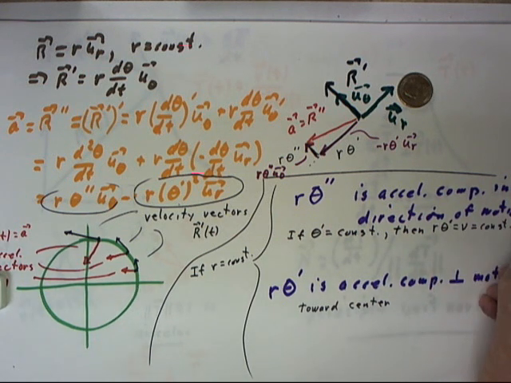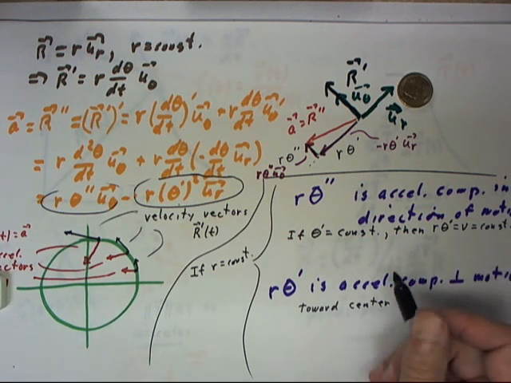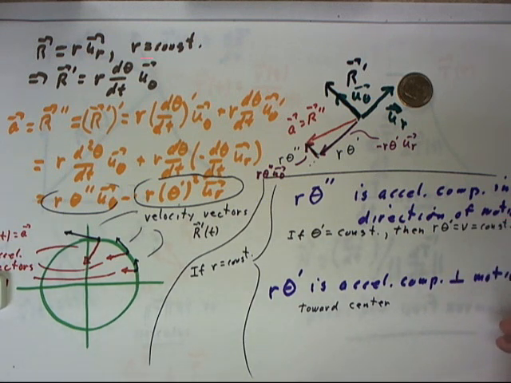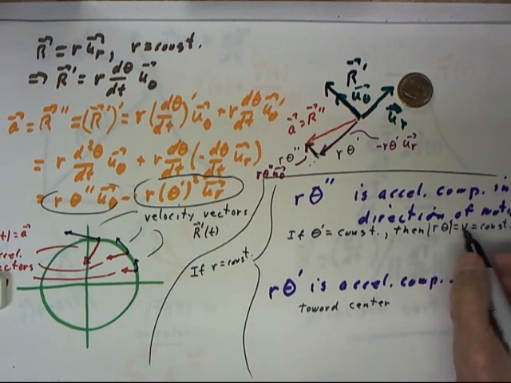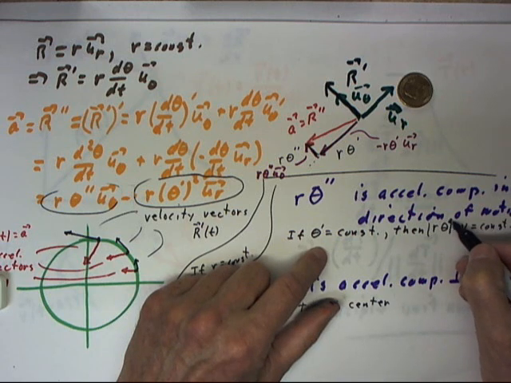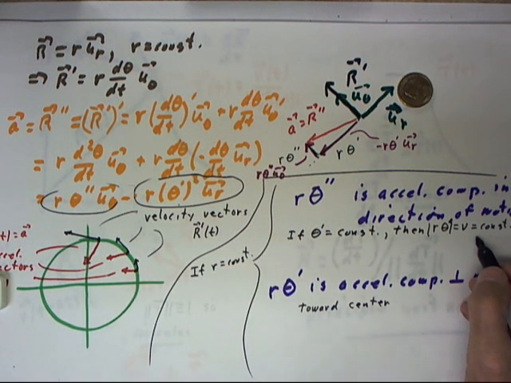These are equivalent conditions. If the magnitude of the velocity is constant, then the object isn't speeding up or slowing down.